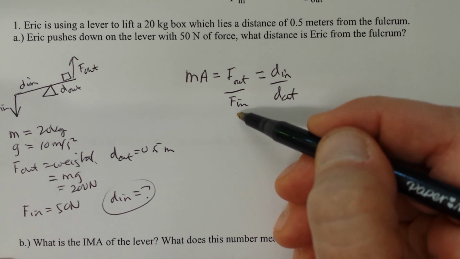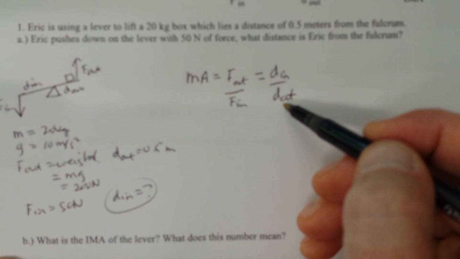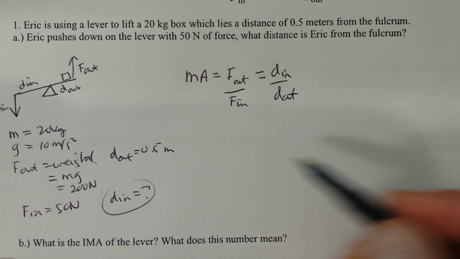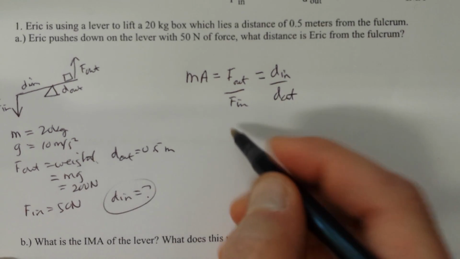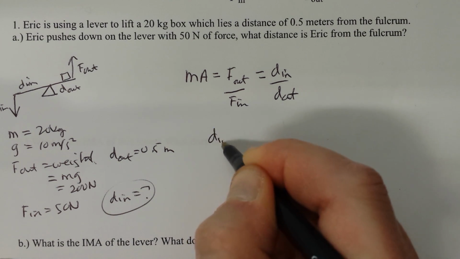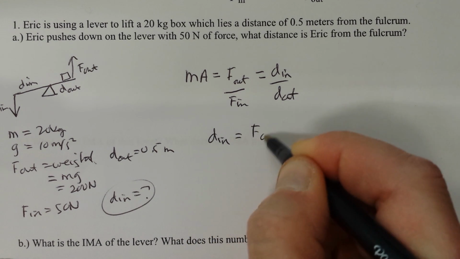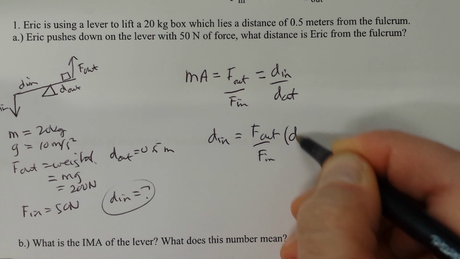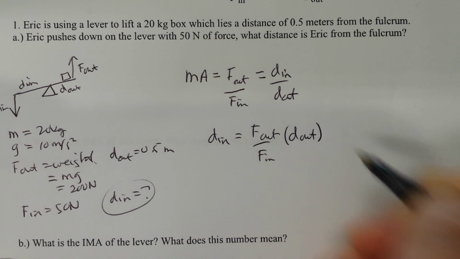So I have both these forces, and I have D out, so then I can solve for D in. My D in is just equal to F out over F in times D out.